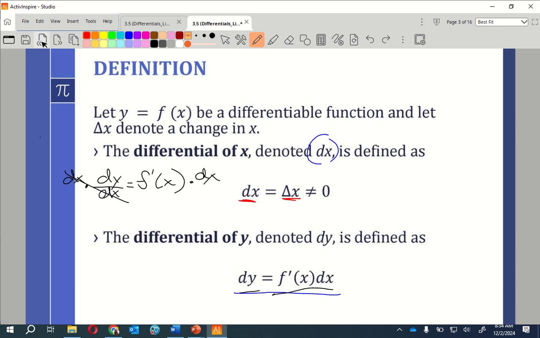So my delta y, it should be here. So delta y is equal to f of x plus delta x, minus f of x, there it is.